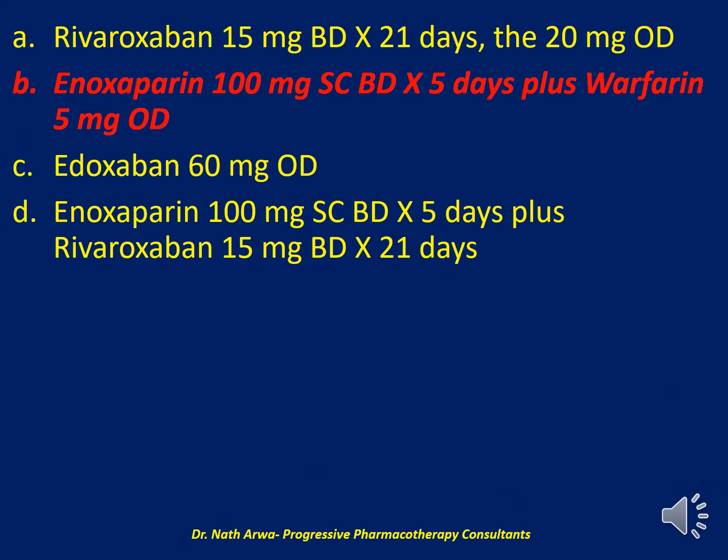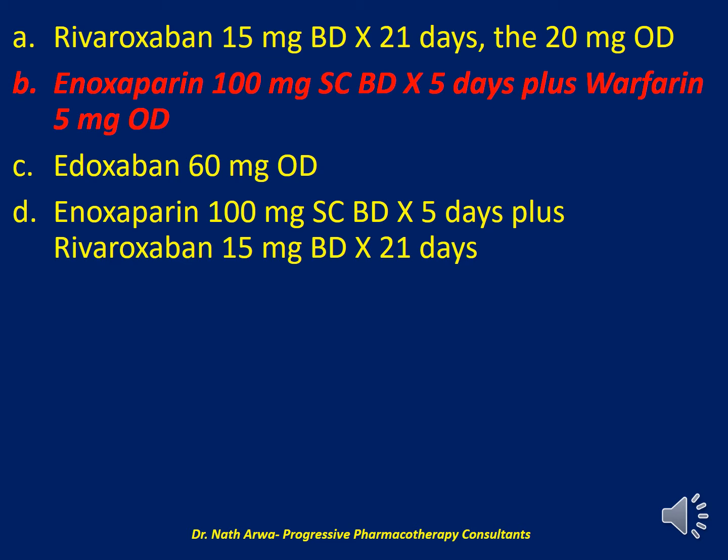So B is the correct answer. Enoxaparin is appropriately dosed for weight. Remember, he weighs 103 kilos, and it's also correct for indication, VTE treatment, to be precise. And it should be given with warfarin as bridging therapy for 5 days, or you can opt to give it until the INR reaches target.